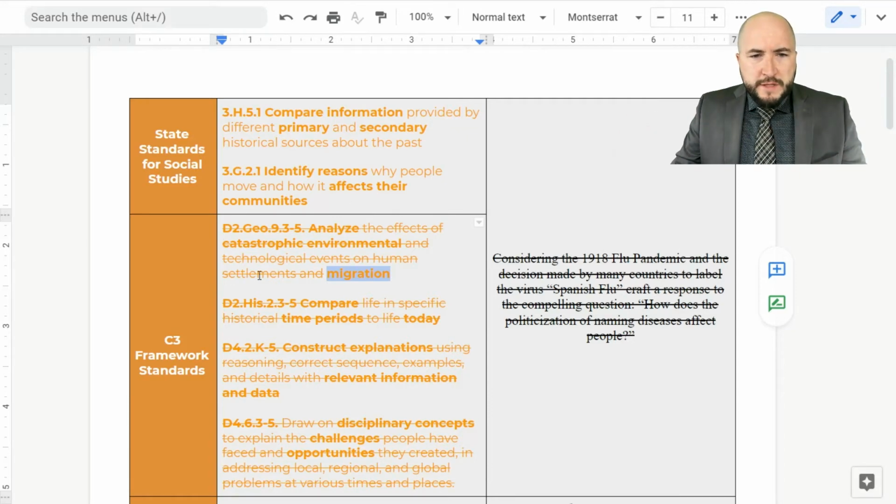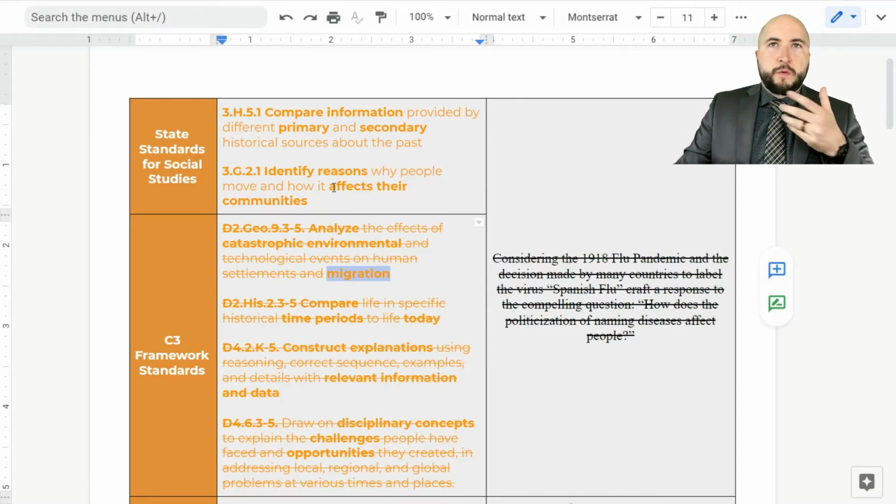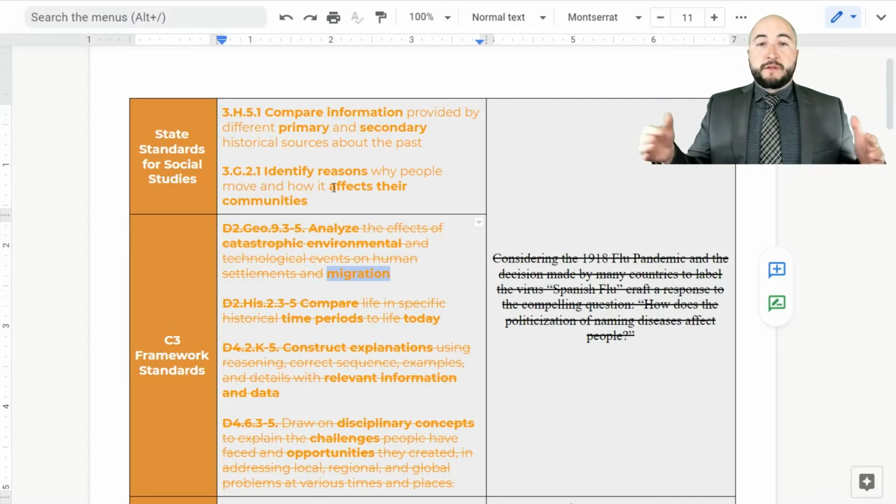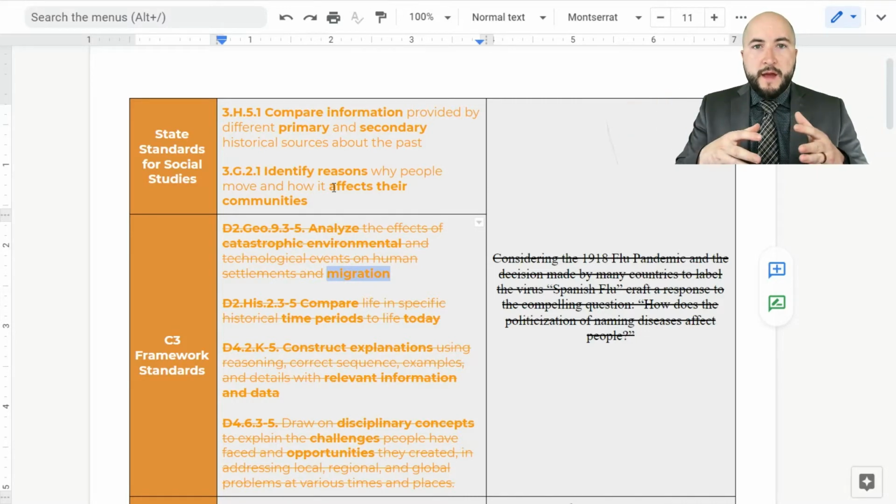So we see here we have 2 geography standards that we haven't touched on. One talks about migration, one talks about why people move. And I was wondering, what if we talked about why people move because of the pandemic? We know that after a year of living through this pandemic, people moved in different ways. Sometimes they moved back with family. Sometimes they moved back to their original community.